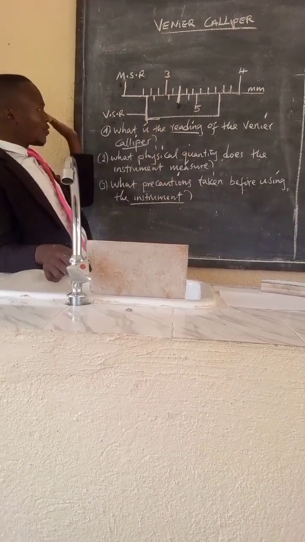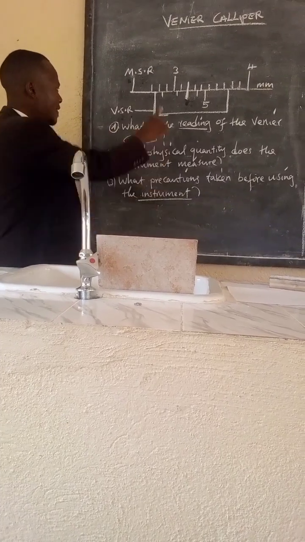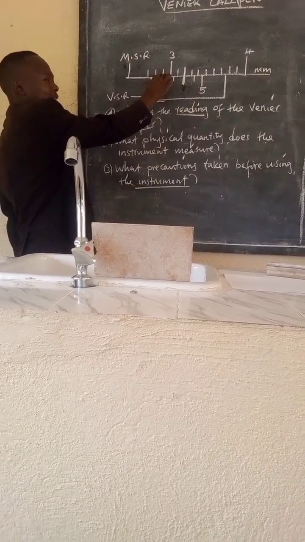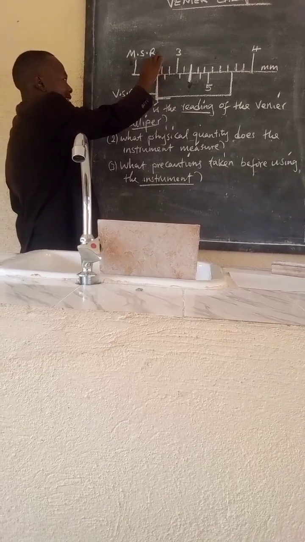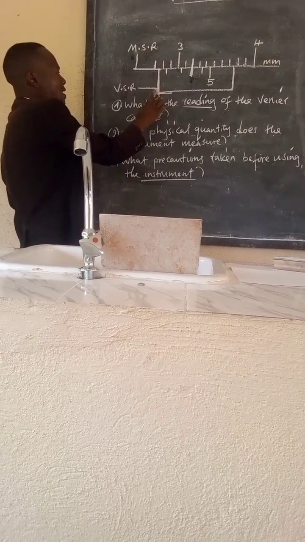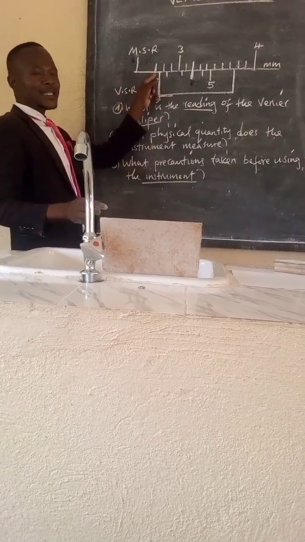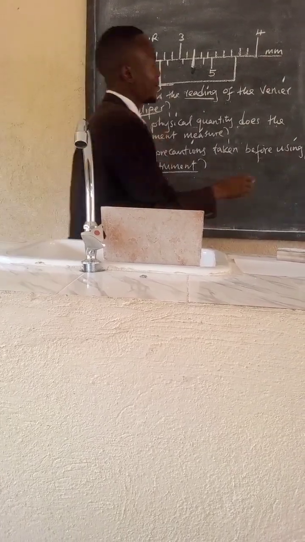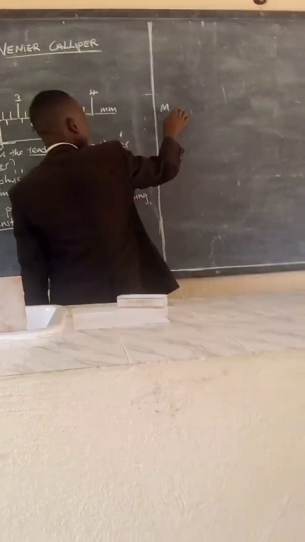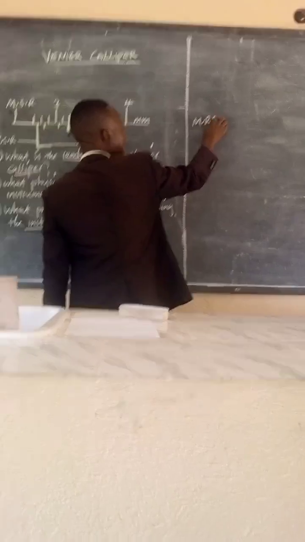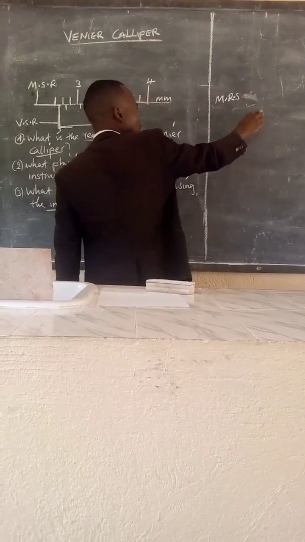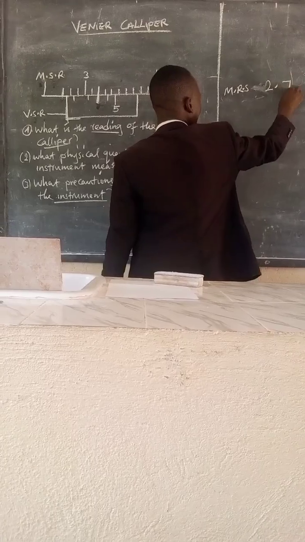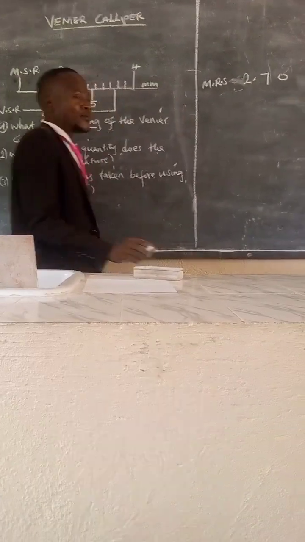Now to come backward here, if this is 3, this one can represent 2.9, 2.8, 2.7. So this reading which is before the vernier scale is 2.7. So we can say the main scale reading is equal to 2.7. Then if you want, you can also add 0.